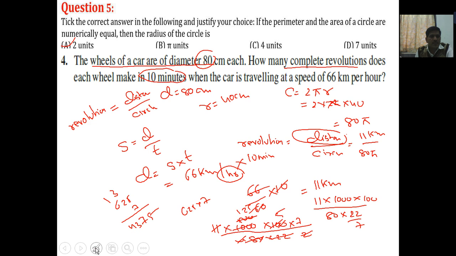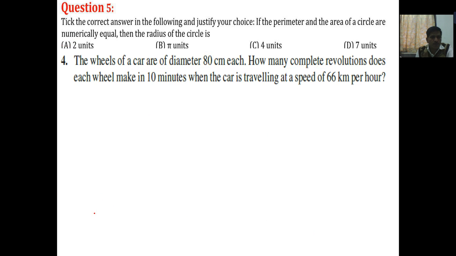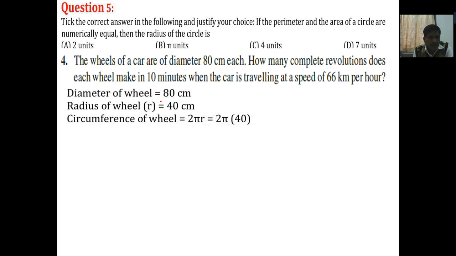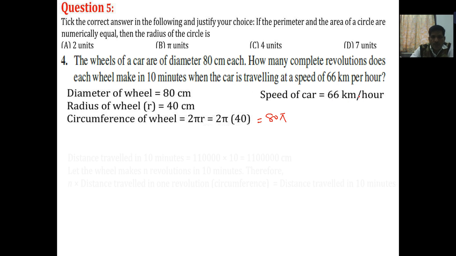Now let me check which way we have to write in exam. So diameter of wheel is 80 centimeter, radius of wheel is 40 centimeter, circumference of the wheel is 2 pi r, that is 2 pi r is equal to 80 pi. Now next, speed of car is 66 km per hour.